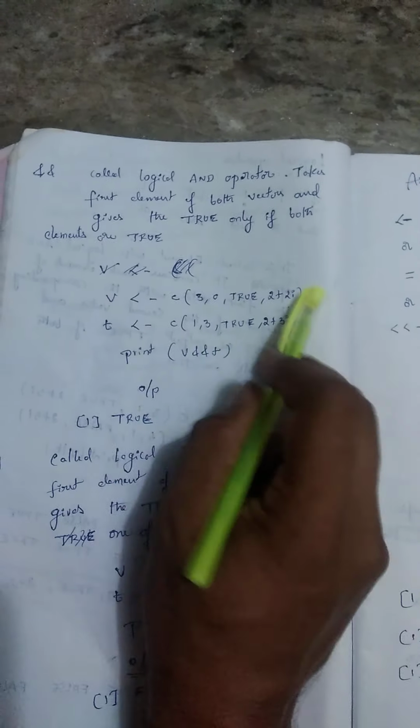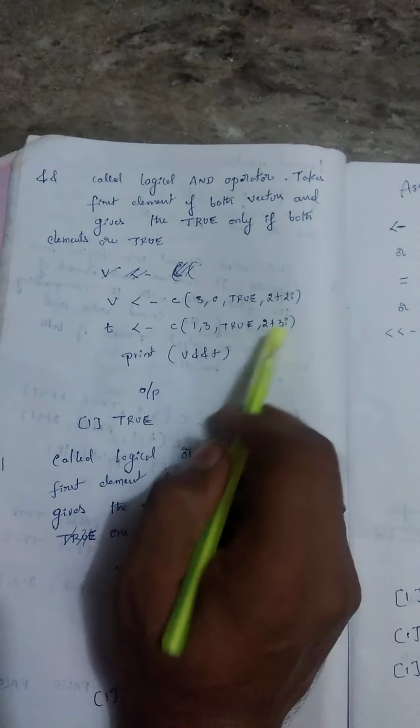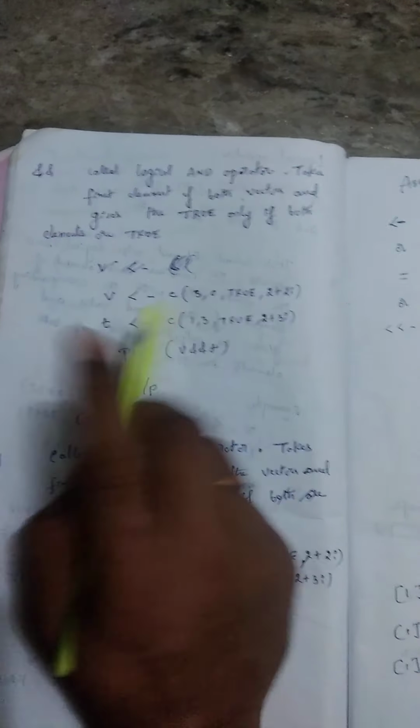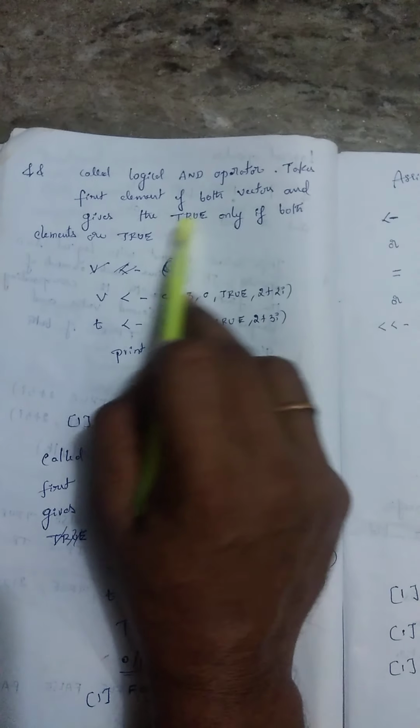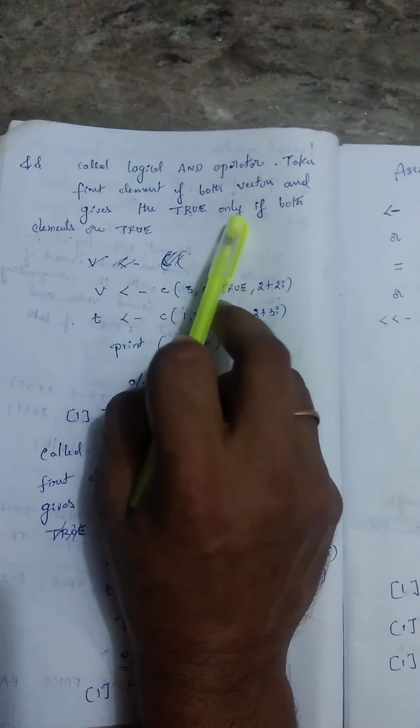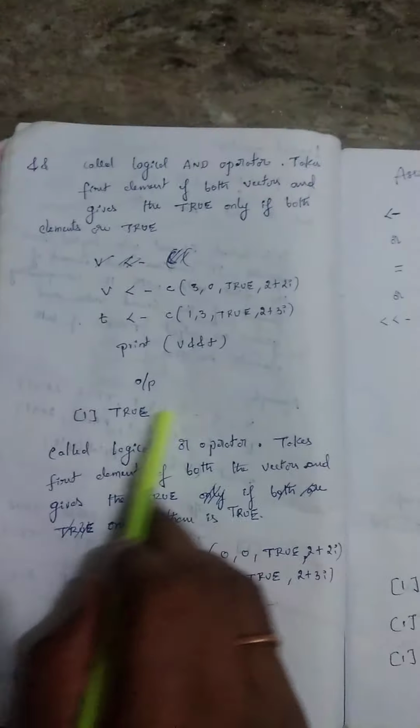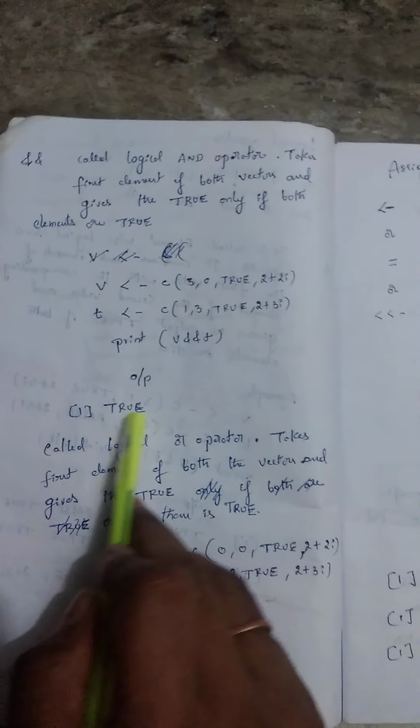If both elements are true, this whole group of elements is taken as one condition, and this whole group is also taken as one condition. It gives true only if both are true. By the AND operator, the output must be in a true condition.